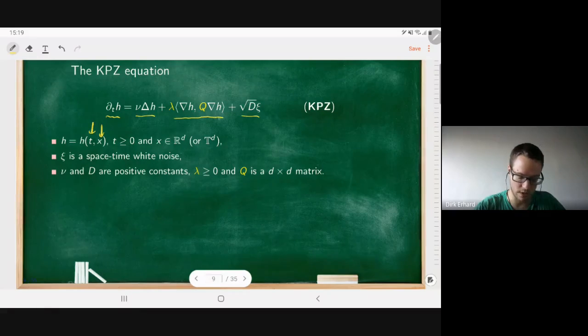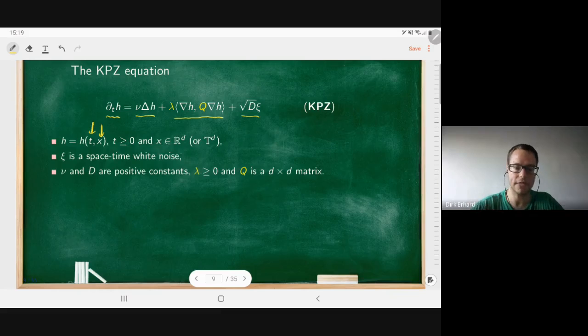Why is it non-linear? Well, the gradient of h appears twice in an inner product, so that's morally something like gradient h squared. Okay, so let's look at all of these 3 terms separately to understand them better. First of all, we have the Laplacian term. What is the effect of the Laplacian in an equation?